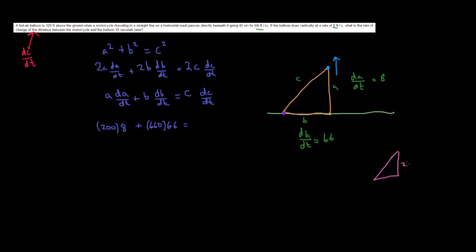This tablet's kind of tough to write on. So we have 200 there. We said this was 660 there. So what is C in this situation?